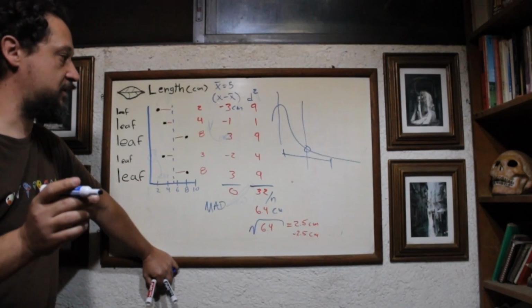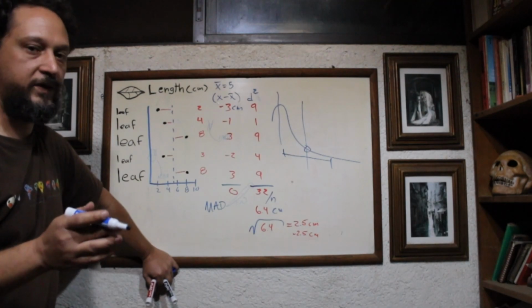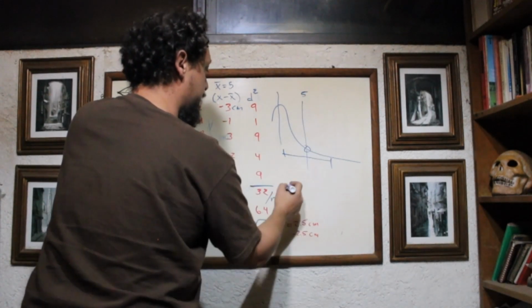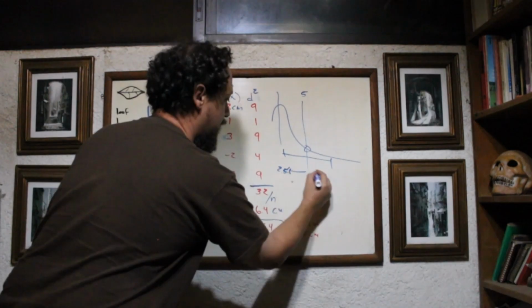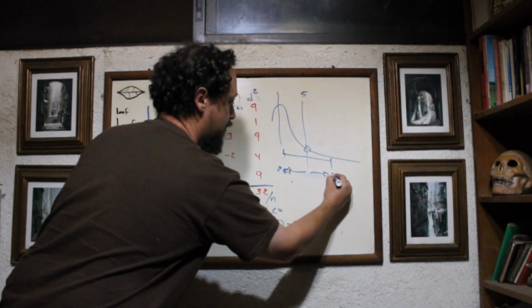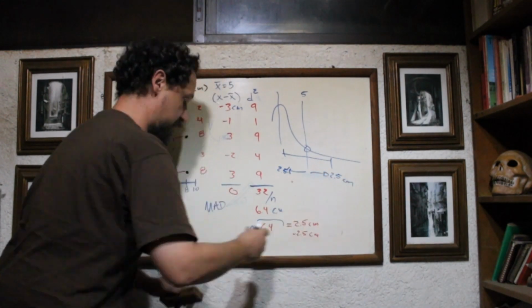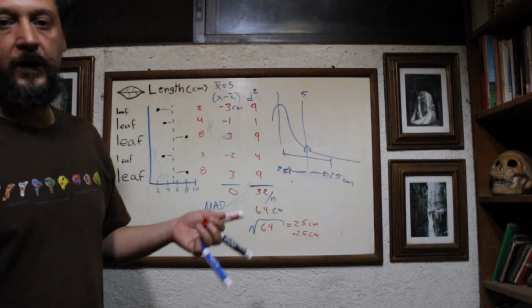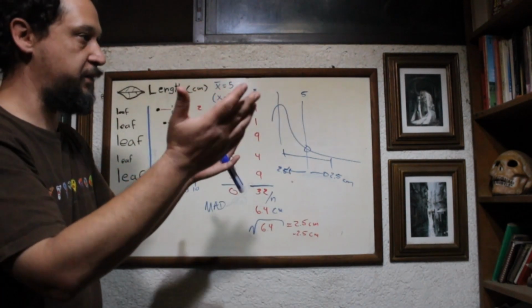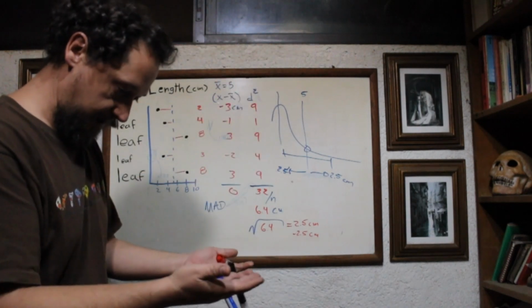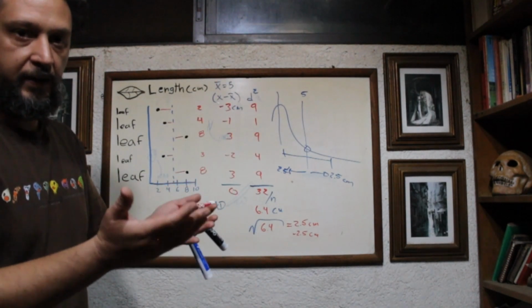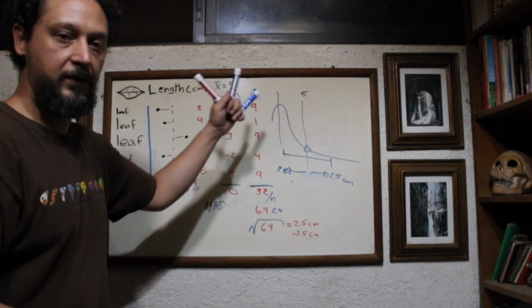Now, this is more difficult to interpret because you say, okay, my mean is 5 and my standard deviation is 2.5 centimeters from the mean. So if you are given this information, you will expect that if you go to see that tree and you take the leaves, the majority of the leaves will be around 5, but that's not the case.